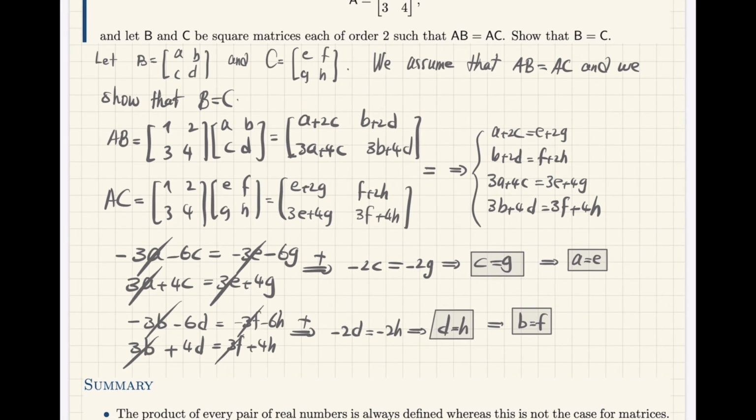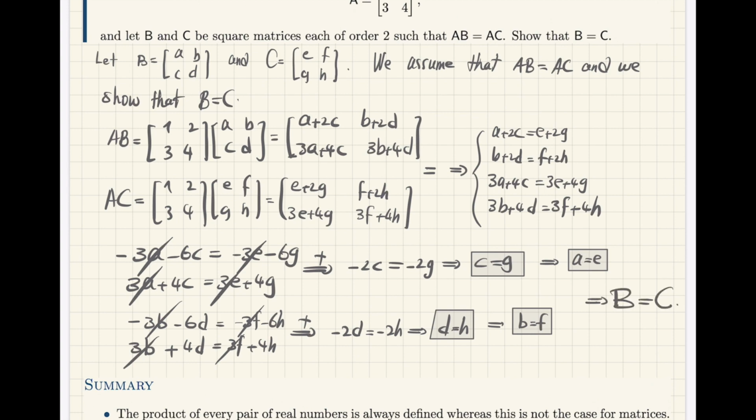Yes, is it? To show that these two matrices are equal, I need to show that a is equal to e. Yes, it is in my list. I need to show that b is equal to f. Yes, it is here. I need to show that c is equal to g. It's here. And I need to show that d is equal to h. It's here. So then this means that, yes, in this case, matrix B is equal to matrix C.